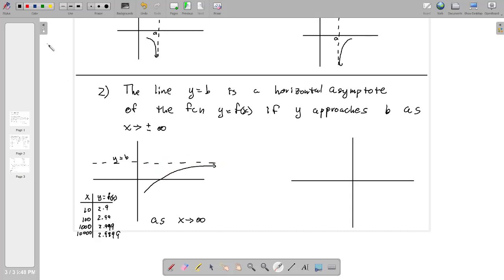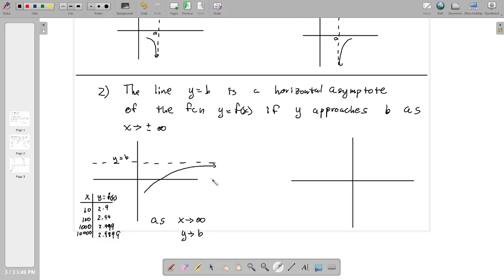Now, it is also possible that we would be coming down and we would still have a horizontal asymptote. But seeing as I used the example that we were increasing up to 3, I'm going to continue with this line. So as x approaches infinity, we might say that y is approaching b. Now, it doesn't matter which side y is approaching b from.